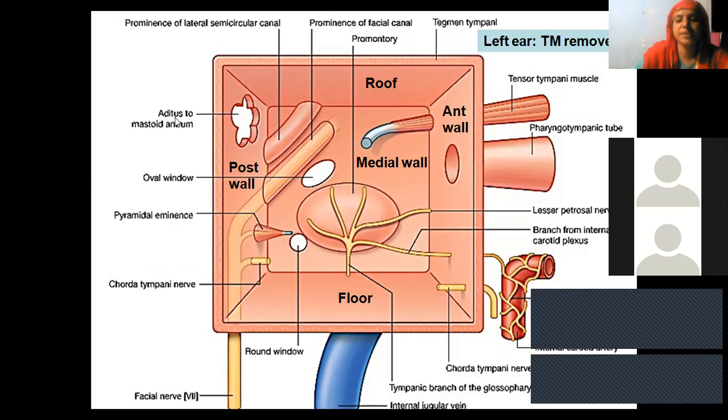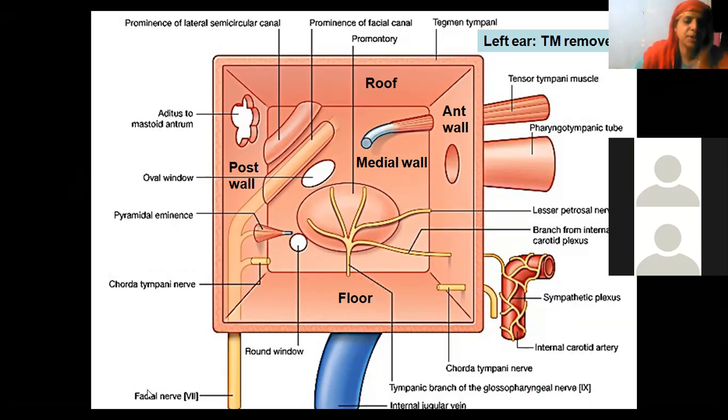The other structures we find in the posterior wall: the facial nerve is coming and coursing from the posterior wall to the medial wall like this. We also have the pyramidal eminence and chorda tympani nerve in the posterior wall. Practice this diagram, you can write in your own words.